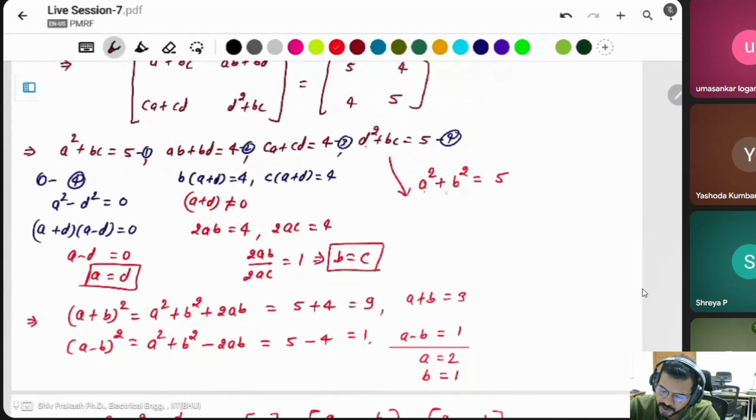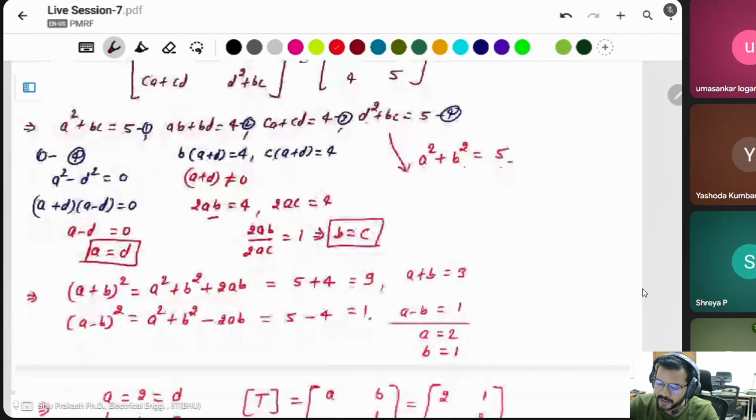Then a square plus b square is equal to 5, and 2ab is equal to 4. Then I write here a square plus b square plus 2ab. In place of a square plus b square I put the value 5, in place of 2ab I put the value 4, then 5 plus 4 is equal to 9. 9 is the a plus b whole square, then a plus b is equal to 3. Same thing, taking the negative also, then a minus b is equal to 1.